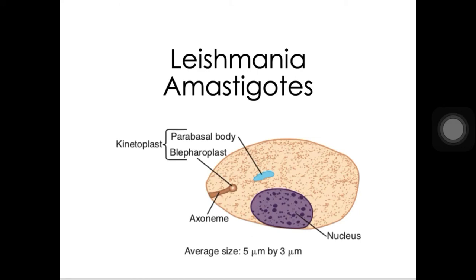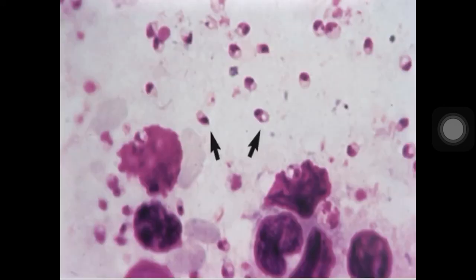Leishmania donovani causes visceral leishmaniasis, characterized by dum-dum fever and kala-azar. Again, going back here, these are your amastigotes for Leishmania infection. They can also multiply within macrophages. Those are the amastigotes of Leishmania.